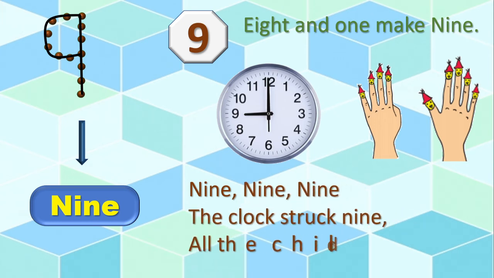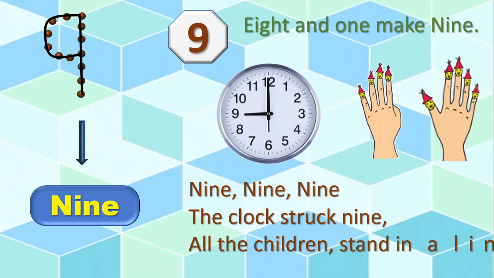The clock struck 9. All the children stand in a line. Here this is a clock, ghadi, isn't it? Wall clock. Here is the number 9, you know the number now, right? This is number 9 and this clock is showing 9 o'clock. Okay.